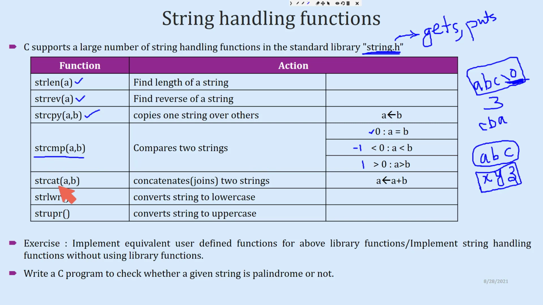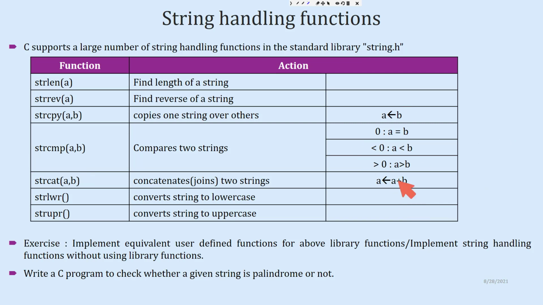Okay, next one is strcat a comma b. It concatenates or joins two strings. A equal to A plus B, though the meaning is a bit different. I will try to explain with an example.